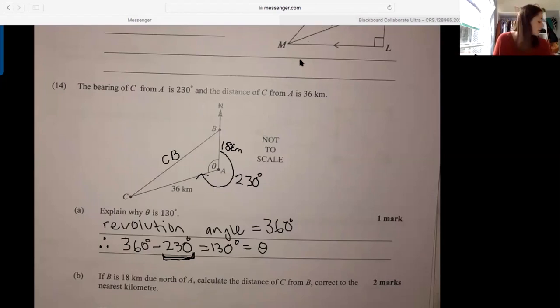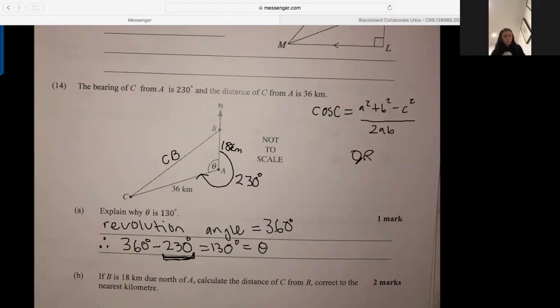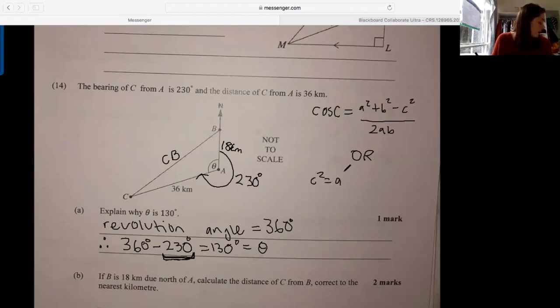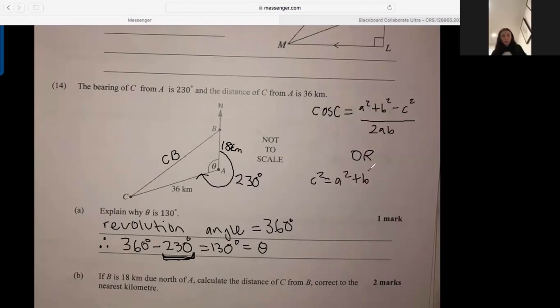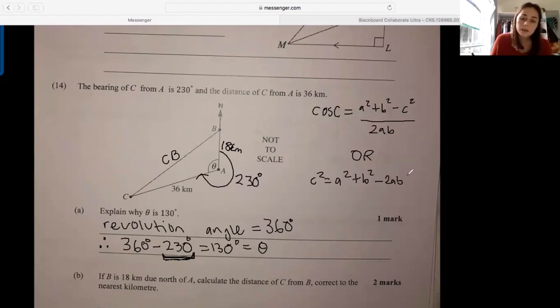And there's two cosine ones. There's this one, cos C equals A squared plus B squared minus C squared over 2AB. Or there's C squared equals A squared plus B squared minus 2AB cos C. So they're your two cosine rules.